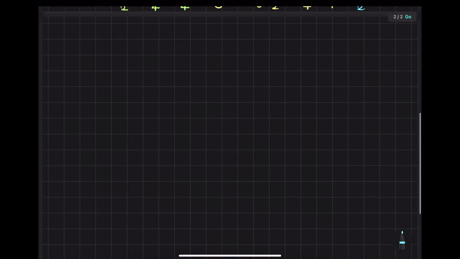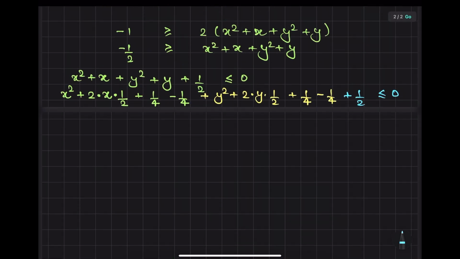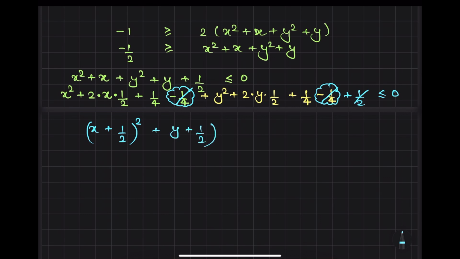If you observe the constant part, look at this component: minus 1 by 4 minus 1 by 4. So minus 1 by 4 minus 1 by 4 is what? Minus 2 by 4, which means minus 1 by 2. So minus 1 by 2 plus 1 by 2 vanishes. We are left with x plus 1 by 2 whole square plus y plus 1 by 2 whole square smaller than or equal to 0. Now, something square plus something square is smaller than or equal to 0.